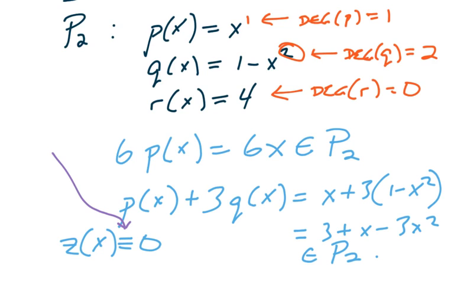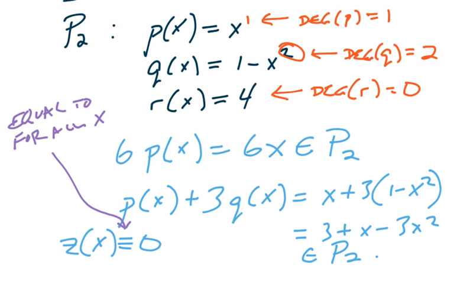This triple equal sign means is equal to for all x. So this is what this triple equal sign means, that you are stating that z of x is the polynomial that is equal to 0 everywhere.